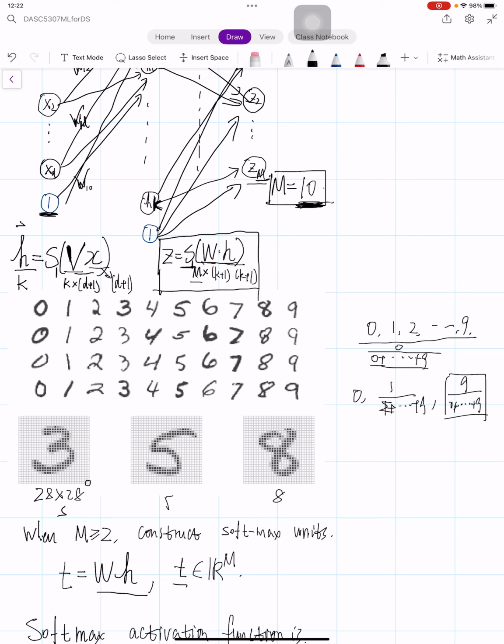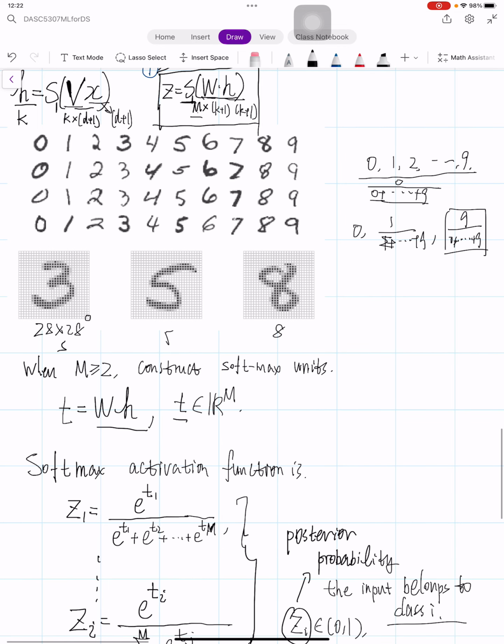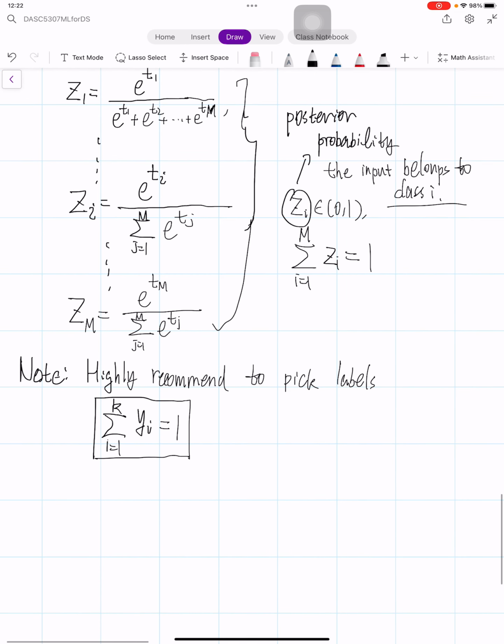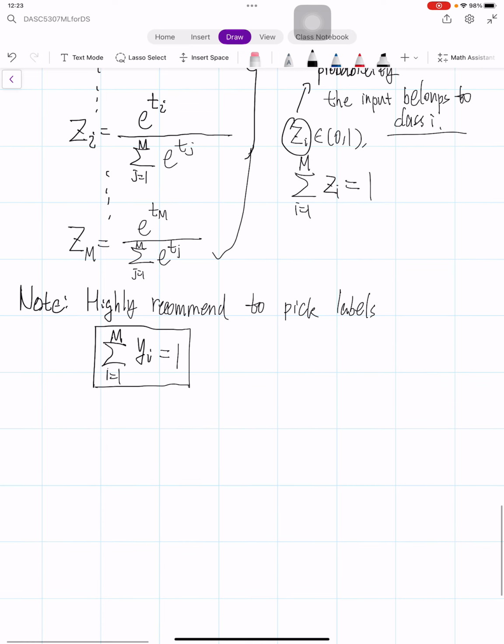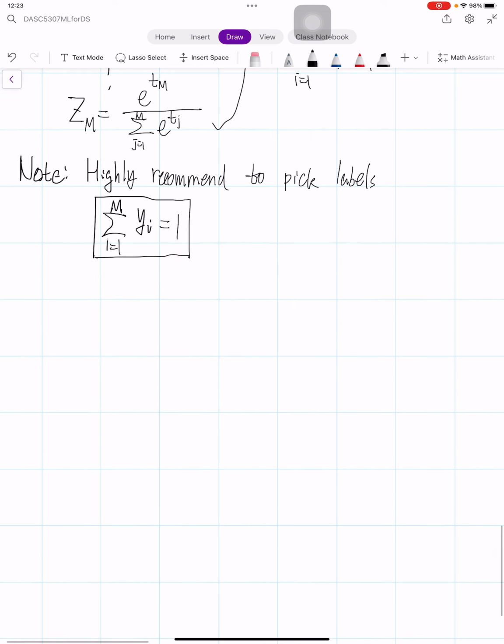Because we need to calculate the loss function, for each data point we need to give some true training values. For classification using softmax, it is recommended to use this. This is not k, this should be m in our example. And then we can choose the loss function.